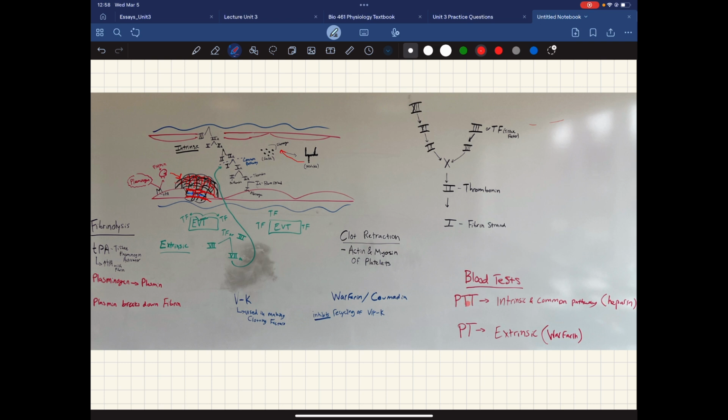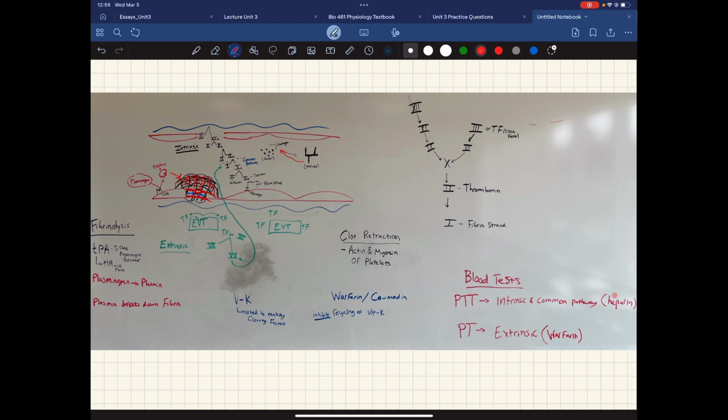This test will tell us the time it takes for the blood to clot. If the blood's clotting super fast, we know we want to give them more heparin. If it takes a long time for the blood to clot, then we know we're giving them too much heparin and we want to reduce the dose. For this therapy, we just want to stay within a healthy range. So this blood test will help us.